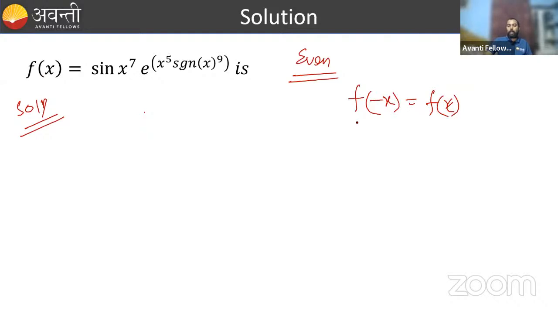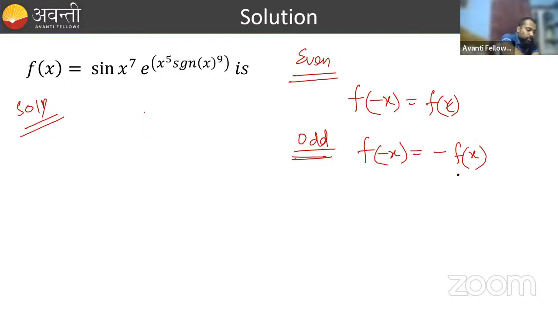And for odd, if f of minus x gives you minus of f of x, then we can say this function is an odd function. So these are the conditions for even and odd functions.